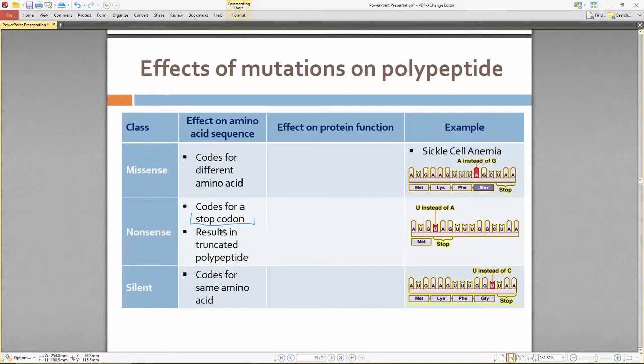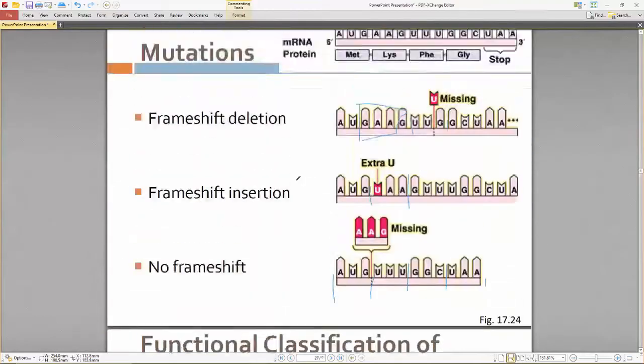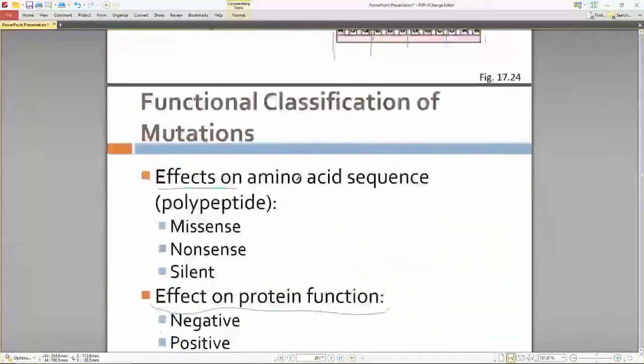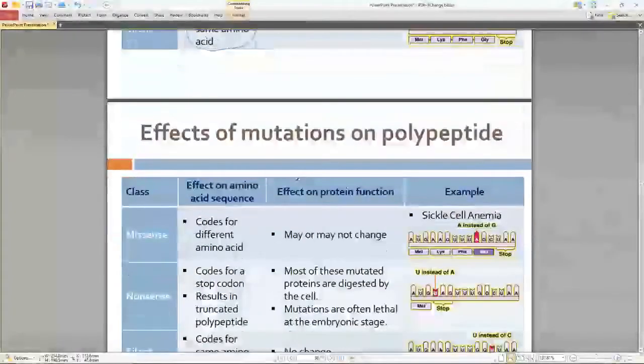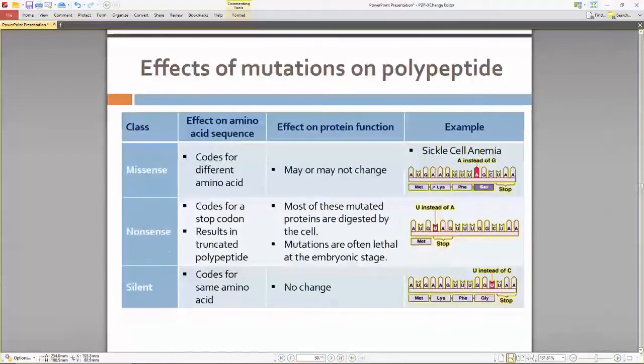A nonsense mutation is when you code for a stop codon, which isn't supposed to be there, and the effect is that it results in a truncated polypeptide. And a silent mutation is when you code for the same amino acid, because remember the redundancy? So there's 3 different classes of mutations, but they're caused by all the things that we were looking at before.